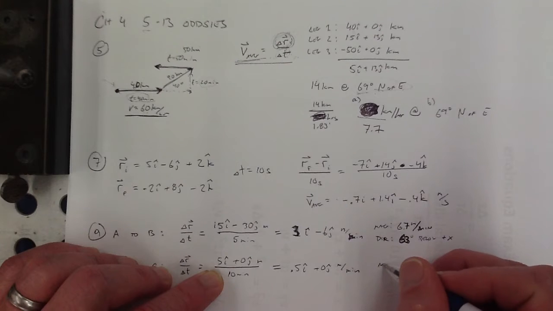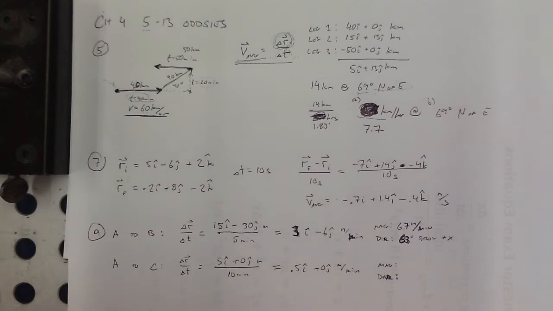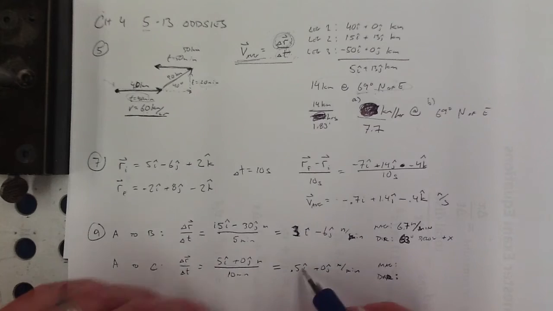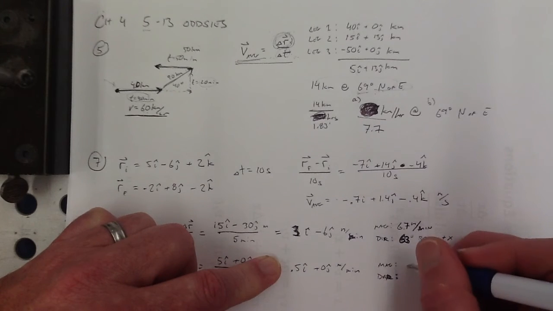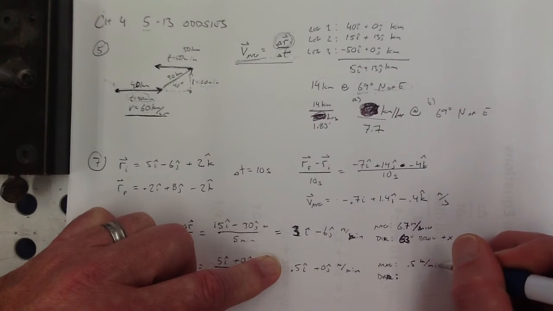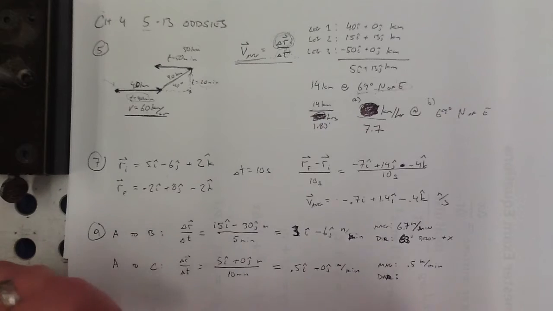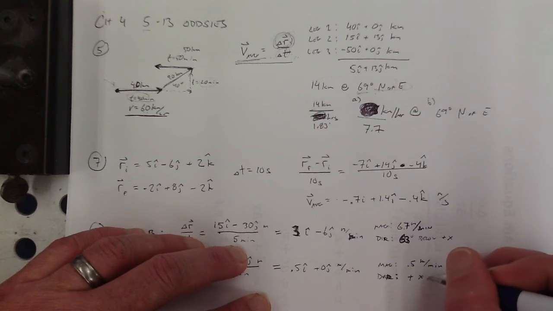So the magnitude, this one is not going to win for biggest. I guess this could be the smallest magnitude. Direction. So if I Pythagorize these, the magnitude of that, since there's no j component, and then the direction is the direction of the positive x-axis.